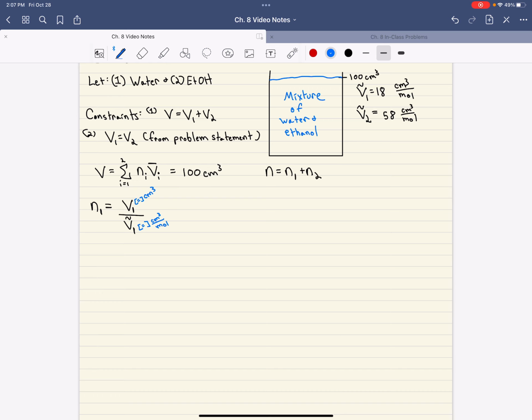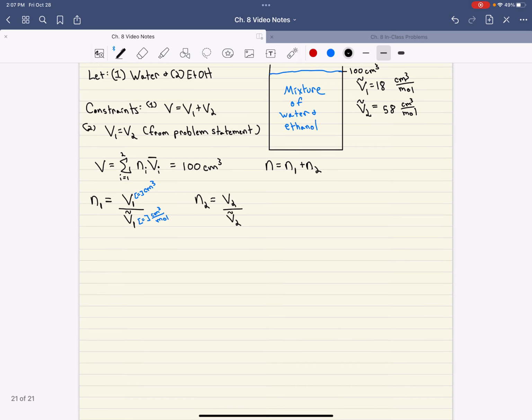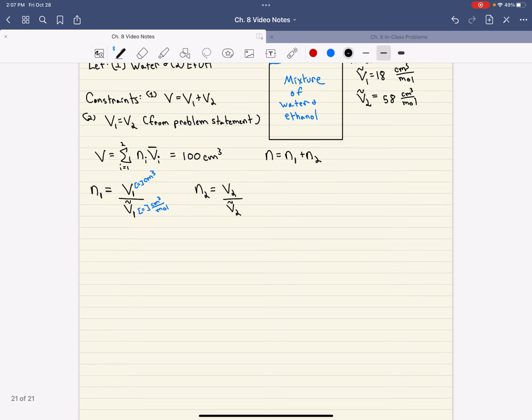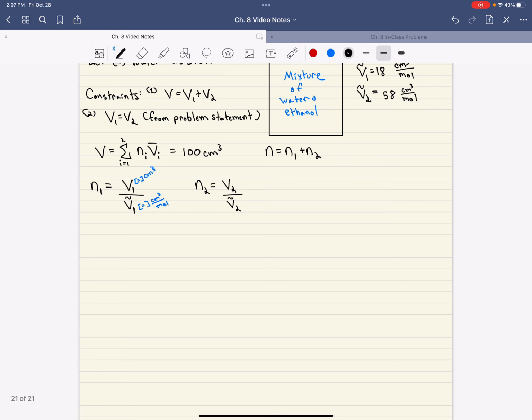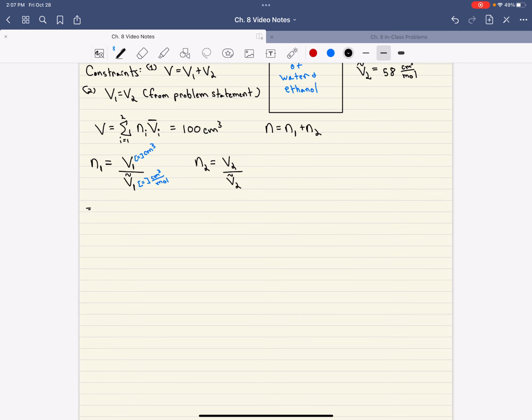So if you just divide the two, you're going to get moles left over. Similarly, N2 is going to be equal to this. All right, so we could describe our molar amounts in terms of volumes. So we could just plug that back into this summation here.